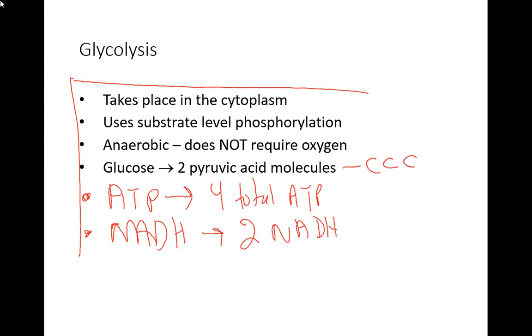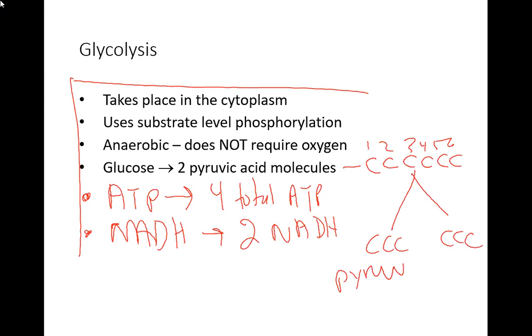Here's your 6-carbon glucose: 1, 2, 3, 4, 5, 6. At the end of glycolysis, the 6-carbon glucose is split into 2 3-carbon pyruvic acids. That's where the pyruvic acid comes from.